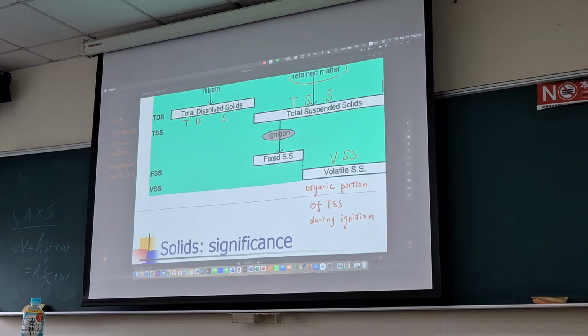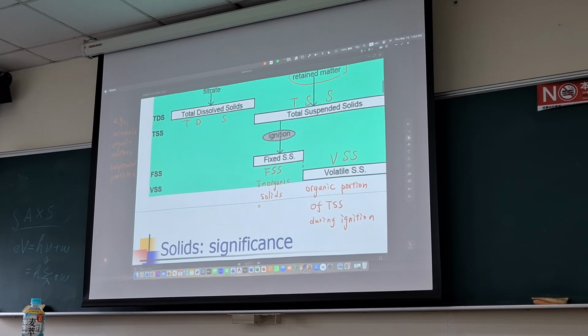The part that is not easily vaporized we call fixed SS, or FSS. And normally the fixed SS are inorganic solids. So after you get your TSS, you burn it.